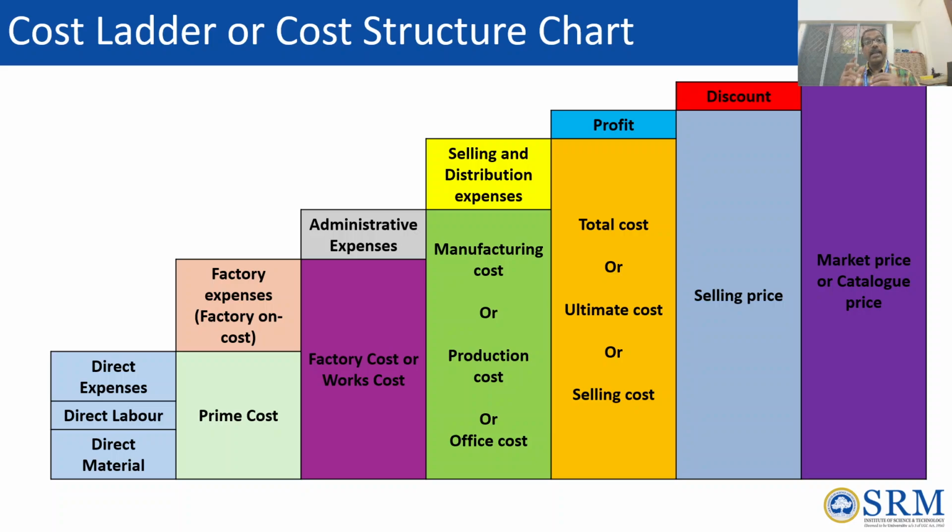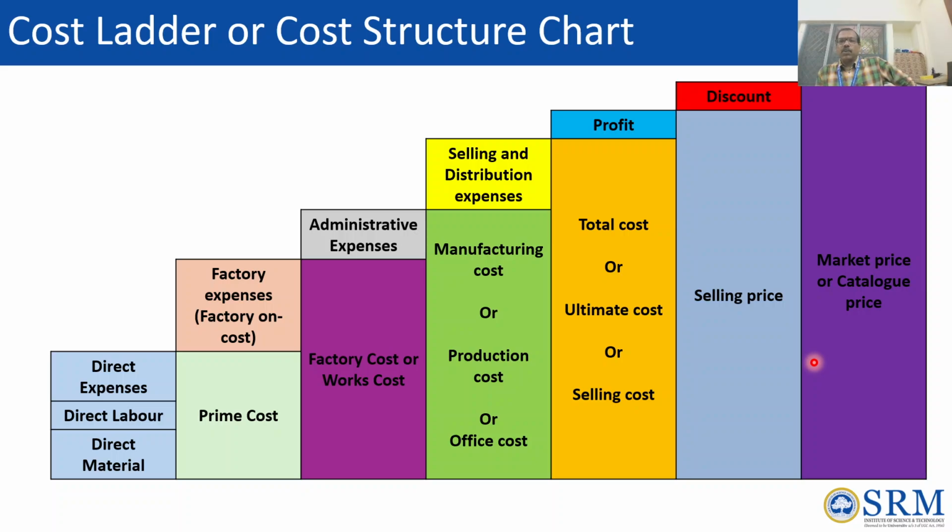Each and every one of these is a component, as I said, in the structure. The prime cost is a component, but under the prime cost you have different elements. What are the elements? Direct expenses, direct labor, direct material.